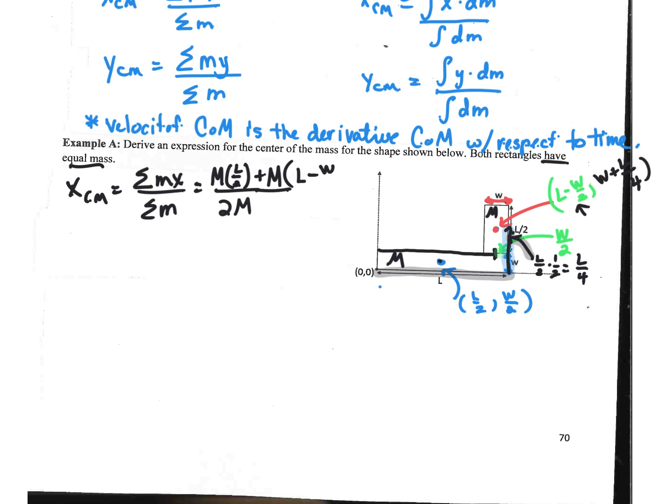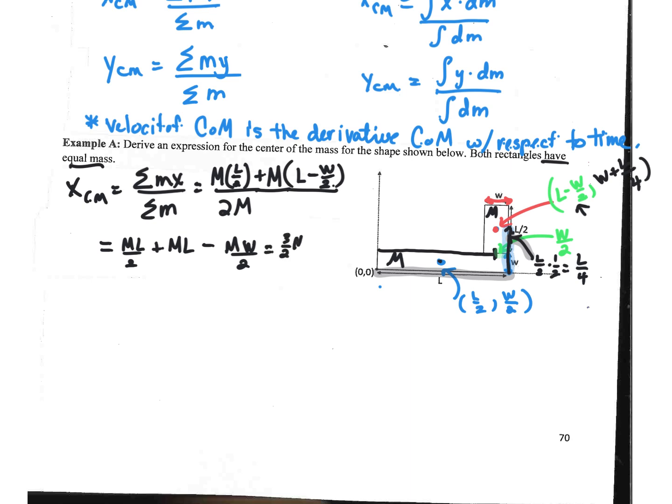ML over 2 plus ML minus MW over 2. So what do we get? We get 3/2 ML minus 1/2 MW, and this is all going to be over 2M.